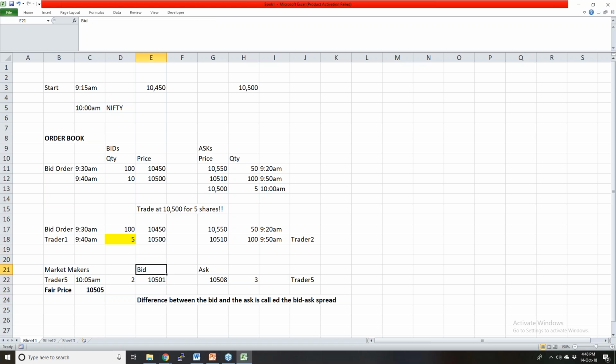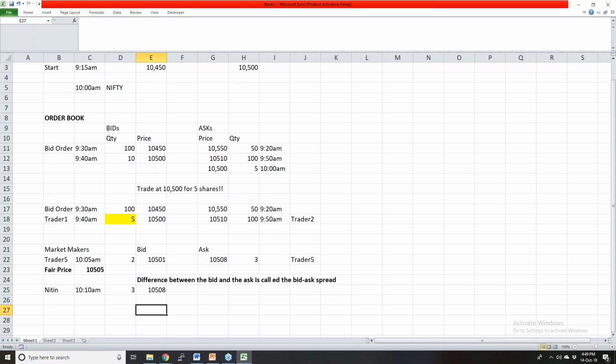Say this is the order book at 10:05. Now, if Nitin comes along and at 10 a.m. he fires an order. He wants to buy 3 quantity at 10,508.